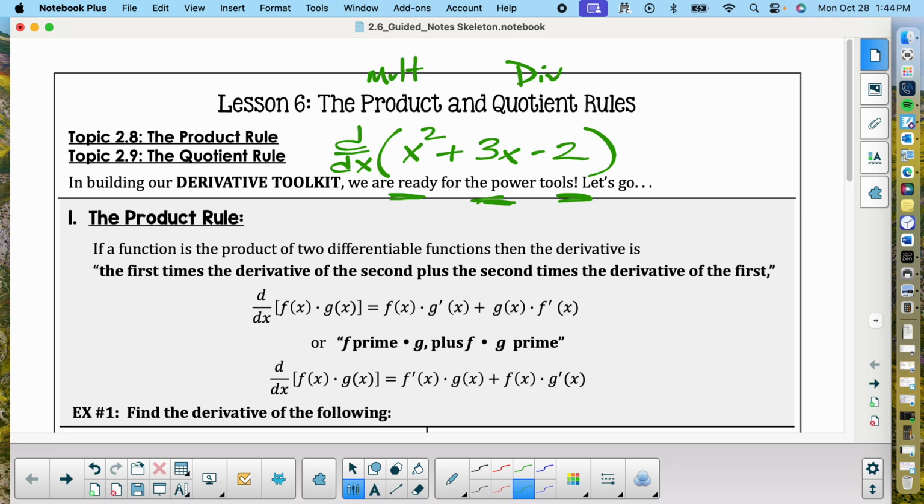You just do it intuitively, and those were the properties we learned. Unfortunately, as soon as you get to multiplication and division, it no longer works. So we have to learn what's called the product and quotient rule.